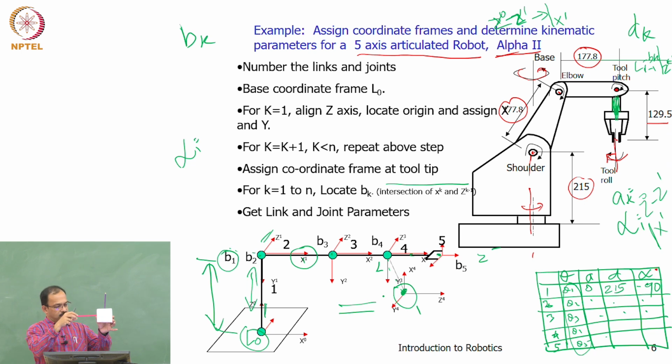We have to measure the rotation with respect to X4. Z3 was like this, it has rotated like this. If you look from this point, Z has moved from here to here, right? So it's again a clockwise rotation of 90 degrees. So you will see this as a minus 90 degree rotation. So again alpha will be minus 90.